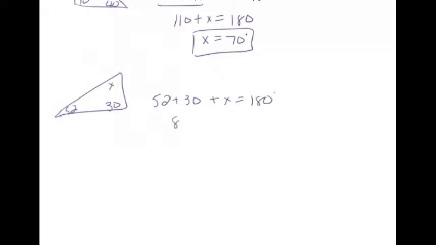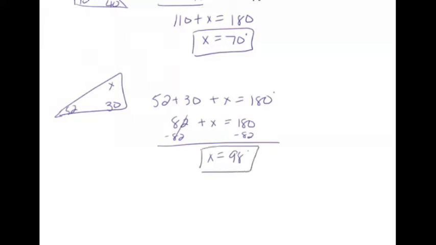So 52 and 30 is going to give me 82 plus x equals 180. And then if I subtract 82 from both sides, hopefully this is old school for you. You're going to be feeling very good about solving for x here. Then my missing angle measure is going to be 98.